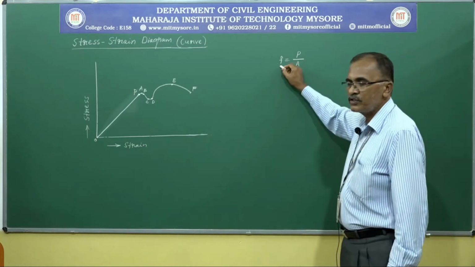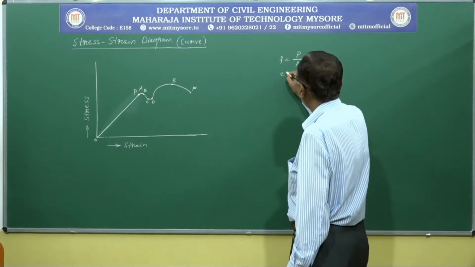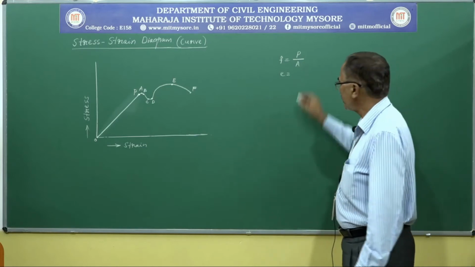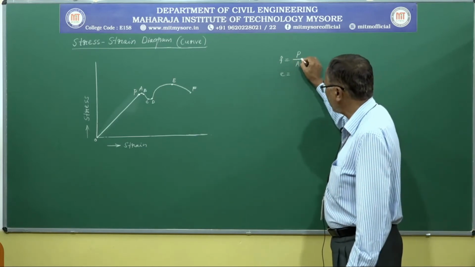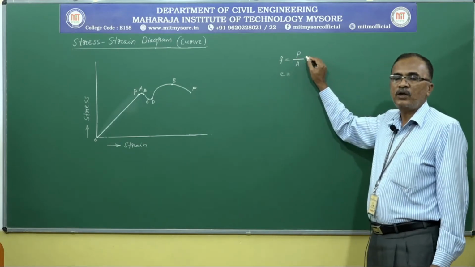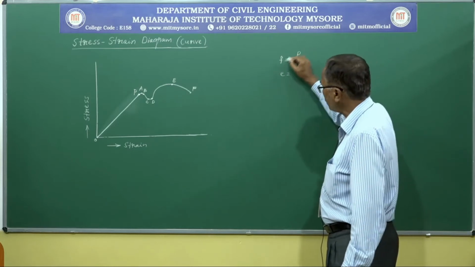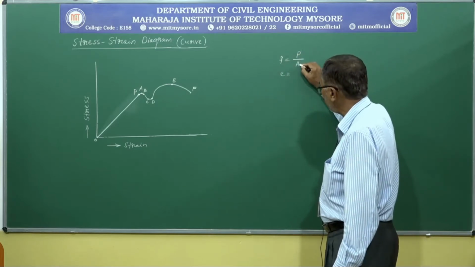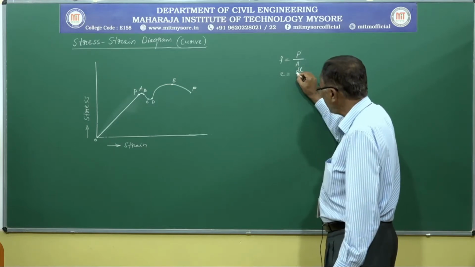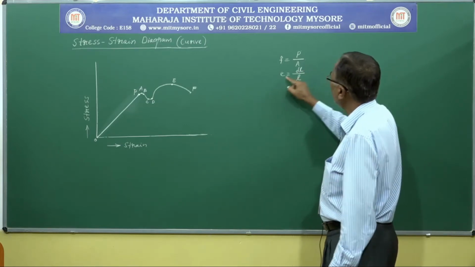Corresponding to this applied load, we can also record the change in dimension. Say for example, if a material is subjected to an axially applied, gradually applied load, the stress will develop because of the applied load P and the original cross sectional area, and there is a change in length, and knowing the original length we can obtain strain.